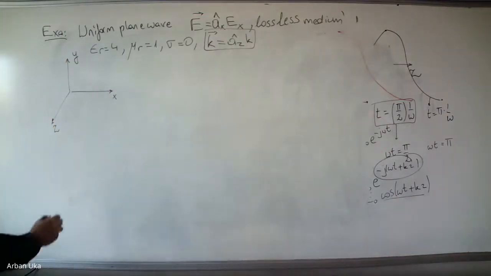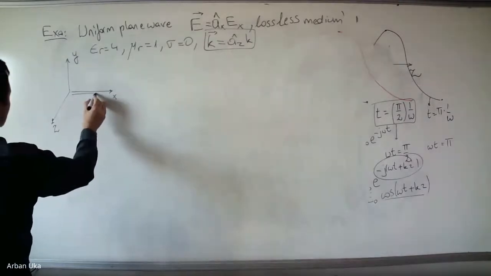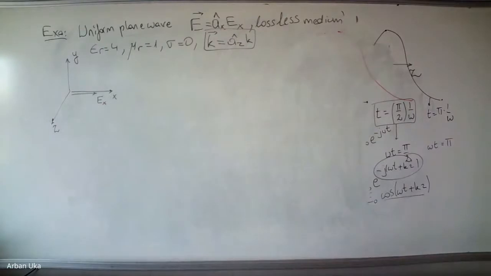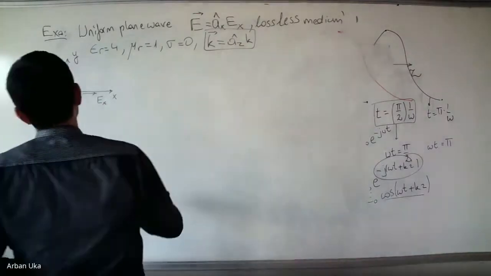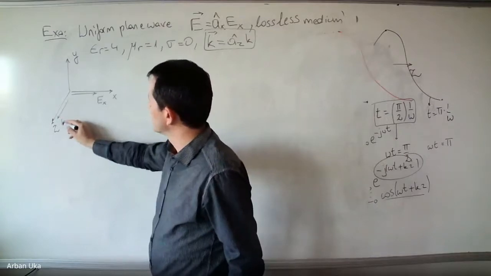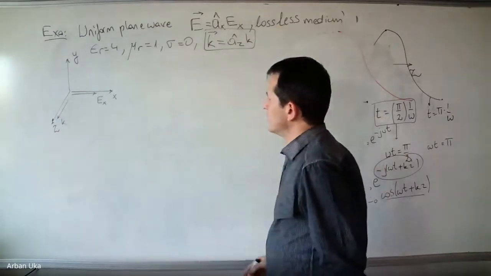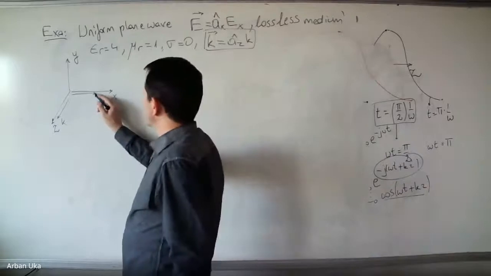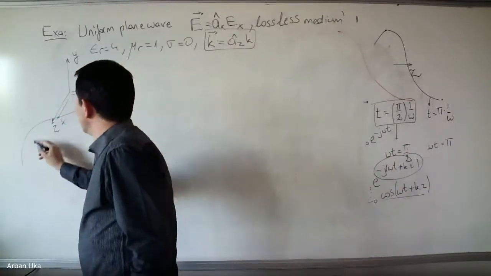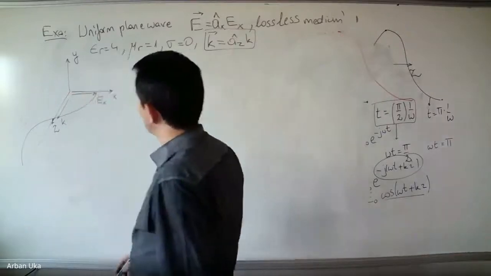Now, the electric field itself is pointing in this direction. So this is the Ex. But the propagation of the wave is going to travel along the z. So here we have a k vector. Then this propagation will propagate like this.